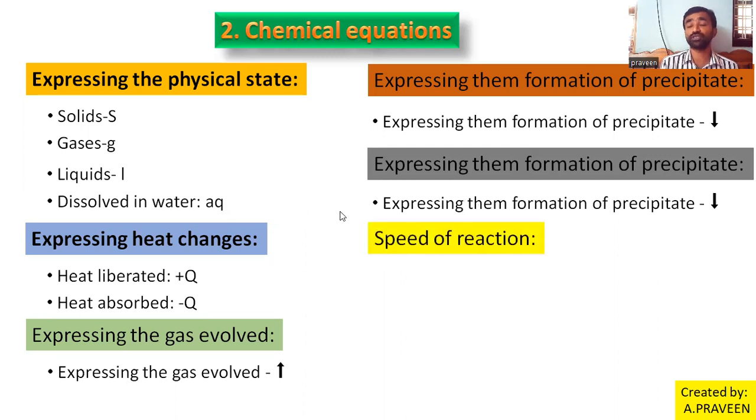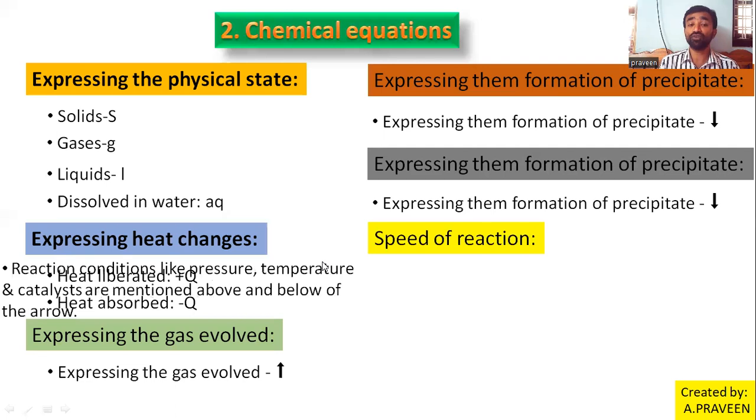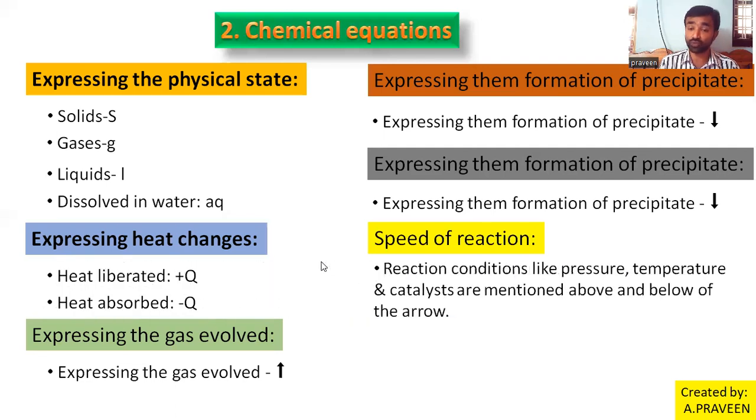What is speed of reaction? Simple. Sometimes a change may take place very slowly. To fasten that change, or to complete that process within less or limited time, what we do is provide heat energy, that means change the temperature, or we may add some substance to increase the rate of reaction, right?